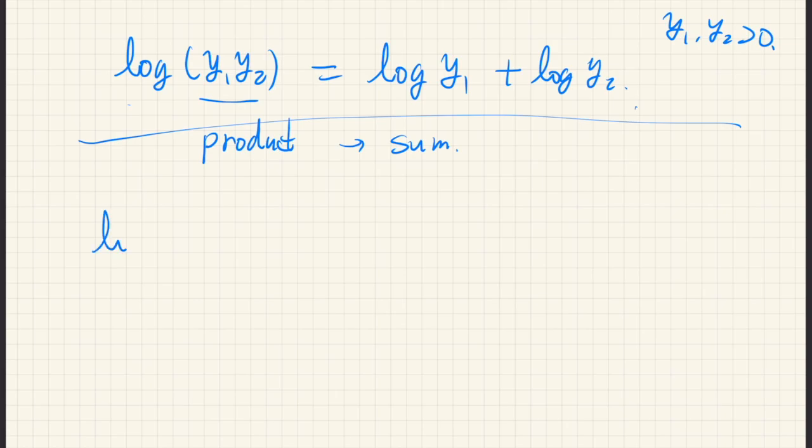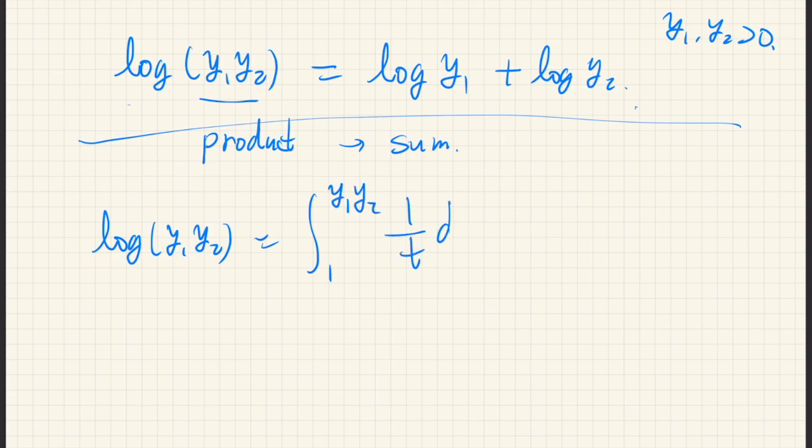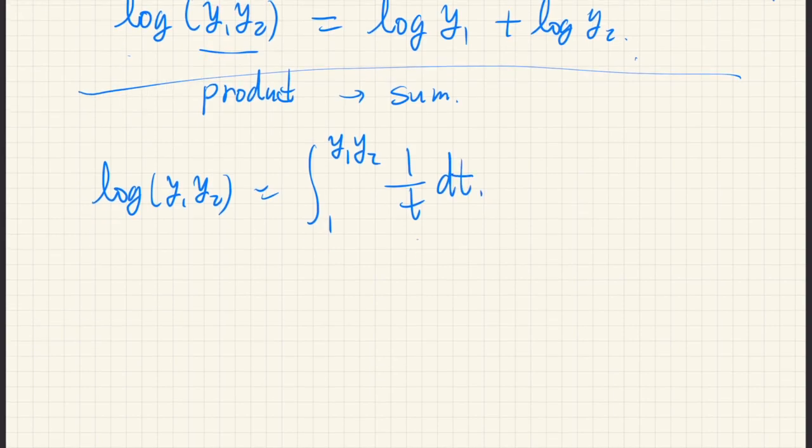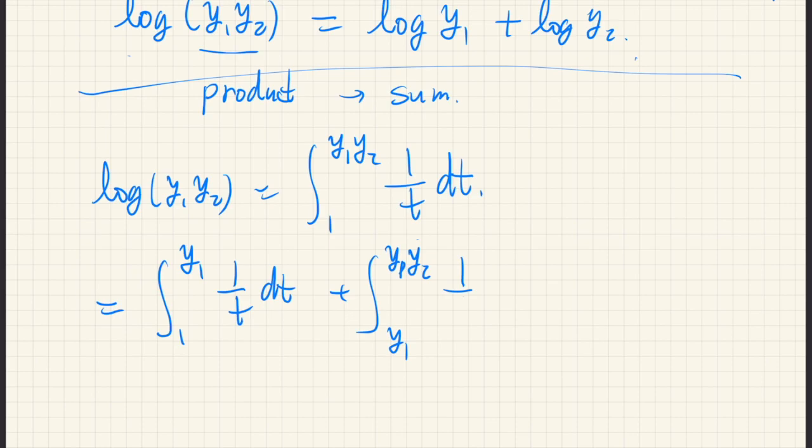By definition, log of y1 y2 is equal to this integral from 1 to y1 times y2 of this function. Then we split this integral into two pieces, from 1 to y1 and y1 to y1 times y2. So what we are doing is this.